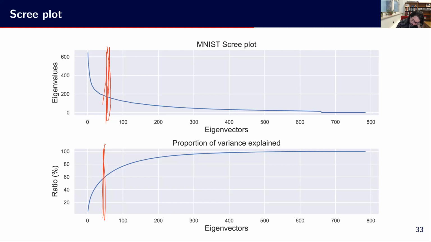If we go to 300, it's kind of close to 95, I would say. And we see that the values here are relatively small. And from 300 to nearly 800, 700 and something, we see that the contribution is quite low. So basically, we can see that in that first part here, this is where we are getting most of the variance, most of the useful information for our problem.